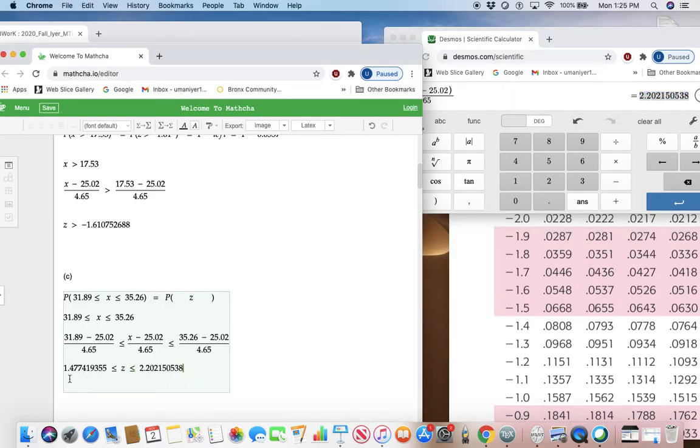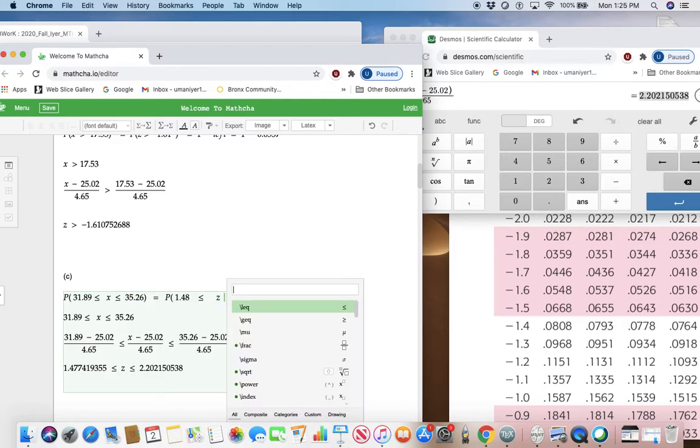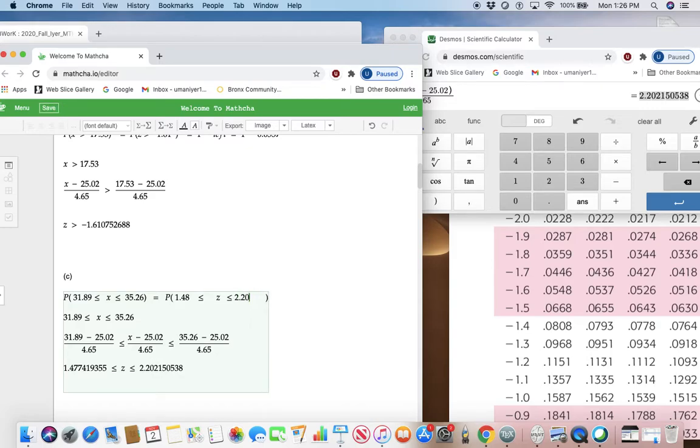So 1.477, I'll make it 1.48, less than or equal to z, less than or equal to 2.202, I'll make it 2.20.